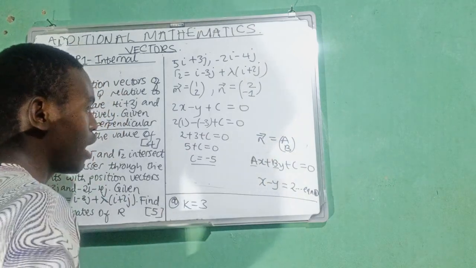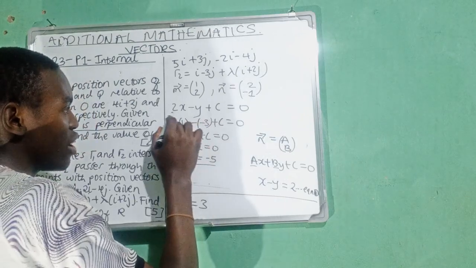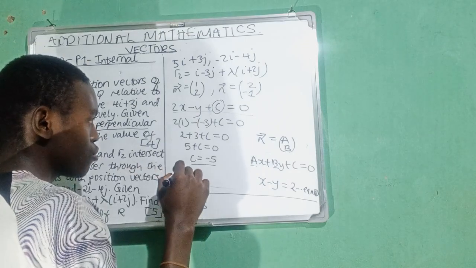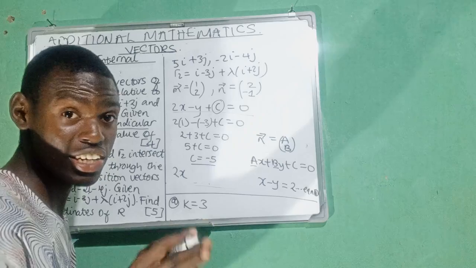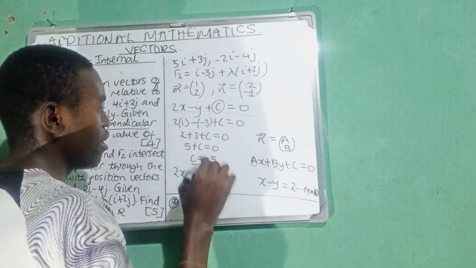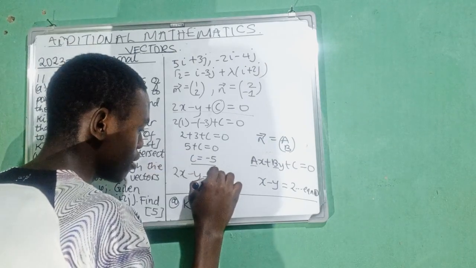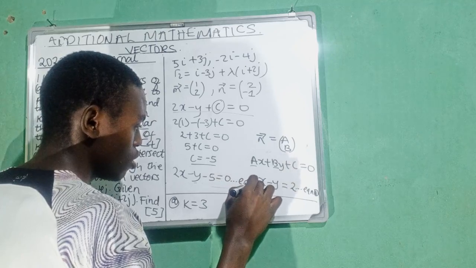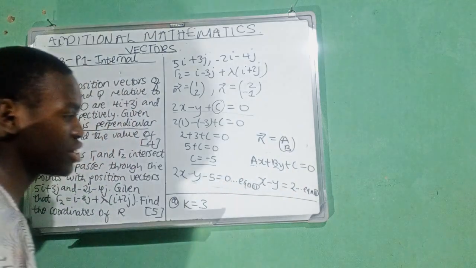Simple. So in place of c, we're putting negative 5: 2x minus y minus 5 is equal to 0. That would be our equation 2.